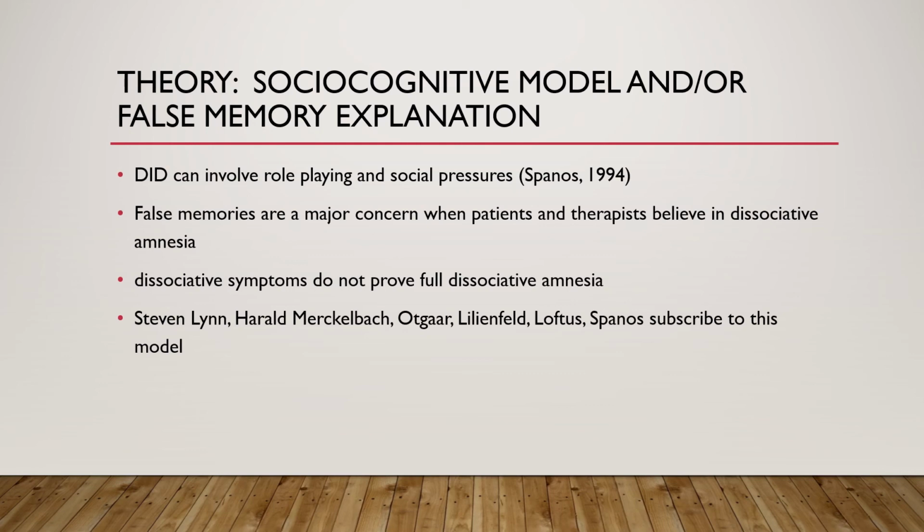So researchers who subscribe to this socio-cognitive model include Steven Lynn, Harald Merckelbach, Henry Otgaar, Scott Lilienfeld, Elizabeth Loftus, and Nicholas Spanos when he was alive. They subscribed to this kind of model.